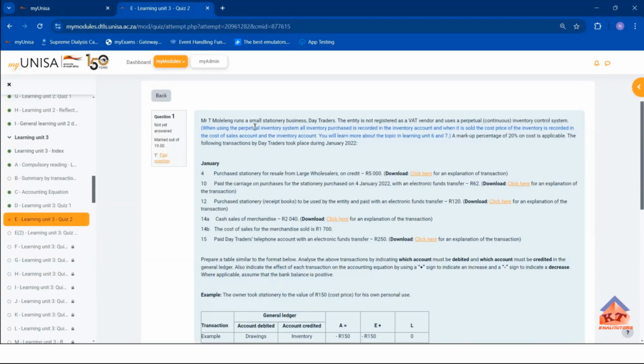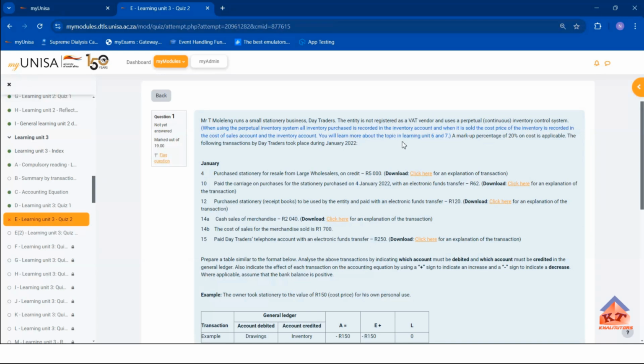Mr. Moleleng runs a small stationery business, Day Traders. The entity is not registered as a VAT vendor and uses a perpetual inventory control system. When using the perpetual inventory system, all inventory purchases are recorded in the inventory account, and when it is sold, the cost price of the inventory is recorded in the cost of sales account and the inventory account.